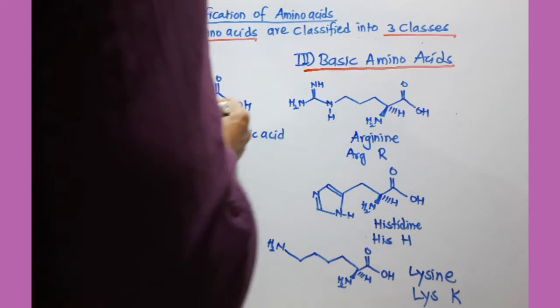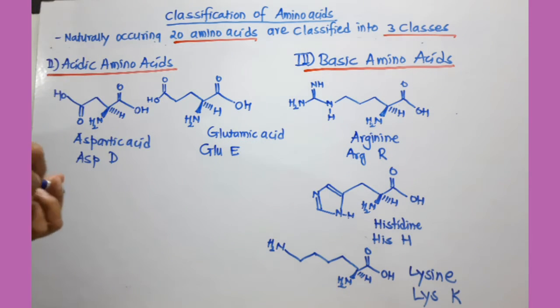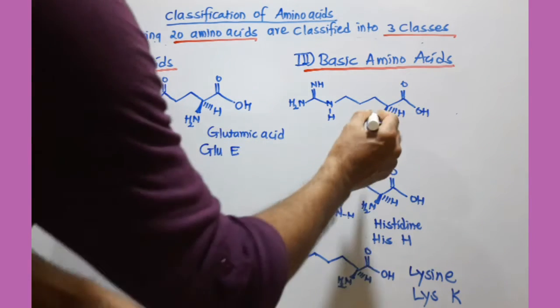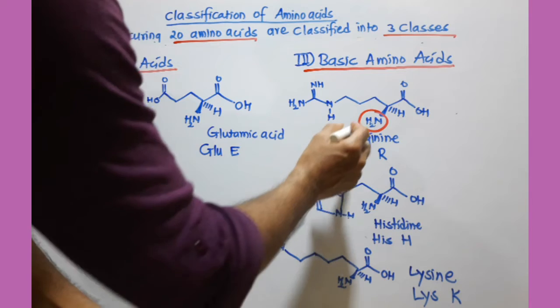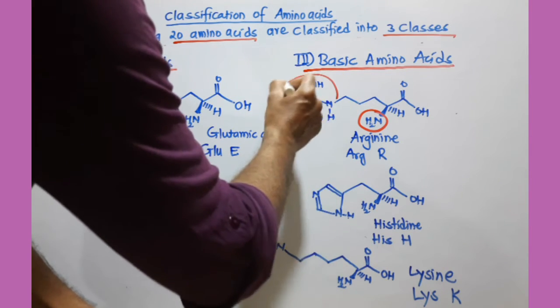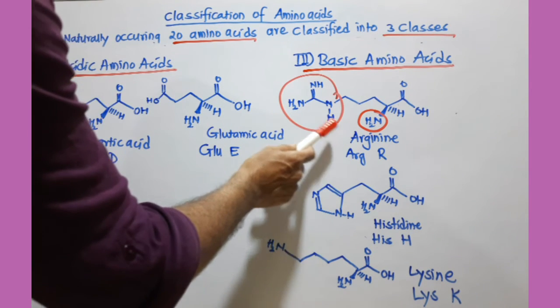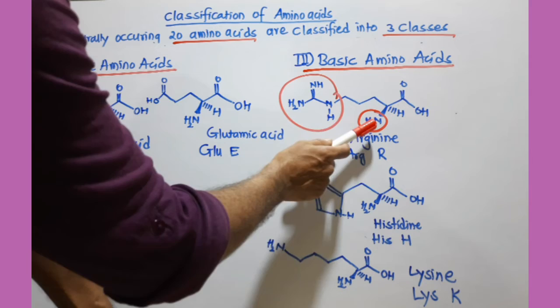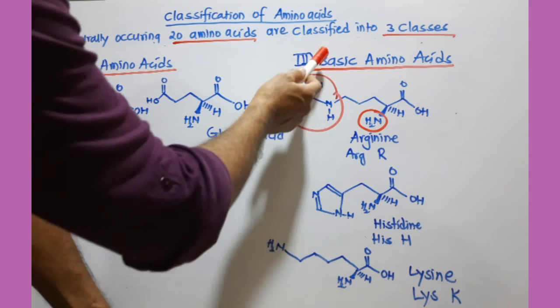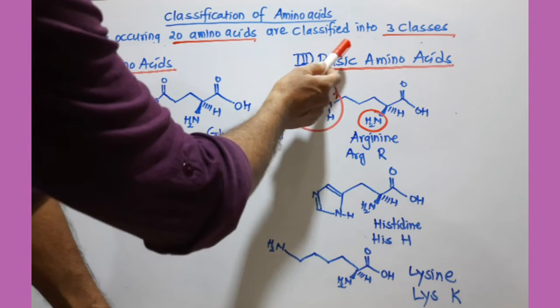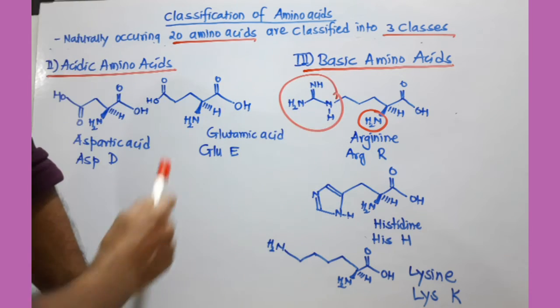Basic amino acids have one extra basic group. This NH2 is basic, but along with this NH2, you can observe one more basic group in all basic amino acids. For example, arginine. Here this basic group and this basic group. One extra basic group makes basic amino acids.